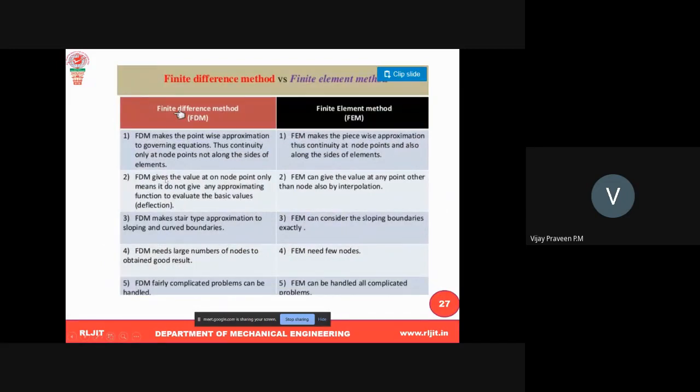FDM gives the value at nodes only. It does not give any approximate function to evaluate the values elsewhere. Whereas FEM can give the value at any point other than nodes also, by interpolation.